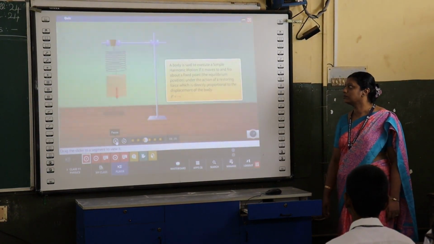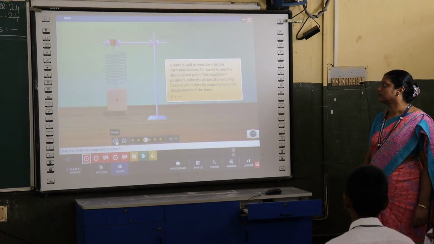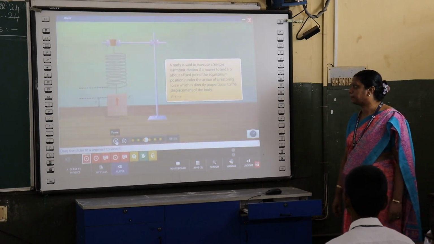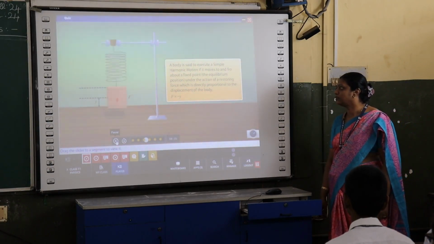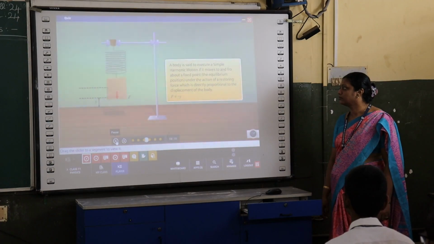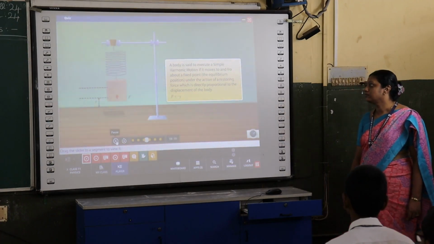Thus, a body is said to execute a simple harmonic motion if it moves to and fro about a fixed point, that is, the equilibrium position, under the action of a restoring force which is directly proportional to the displacement of the body.